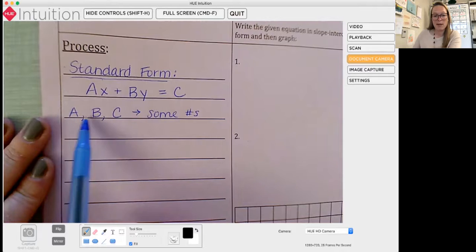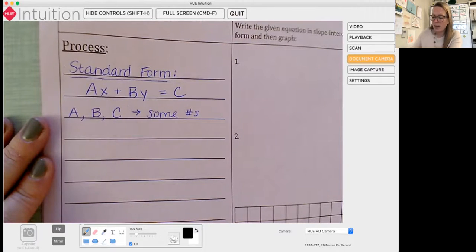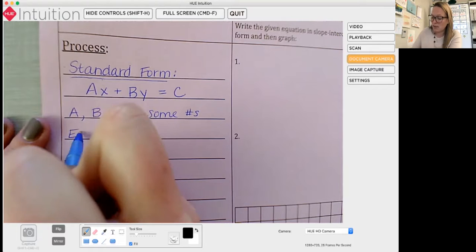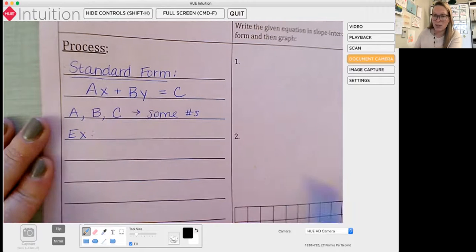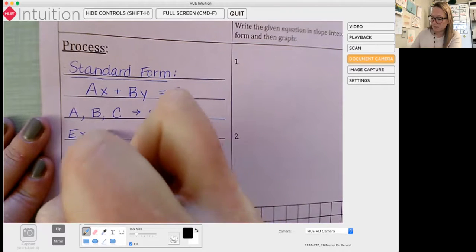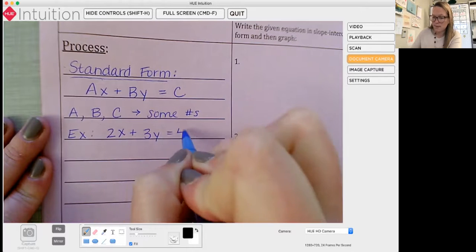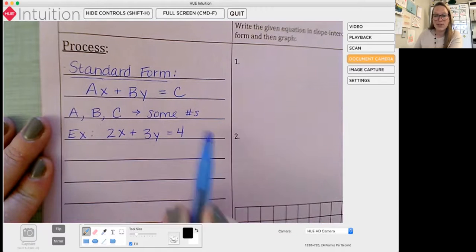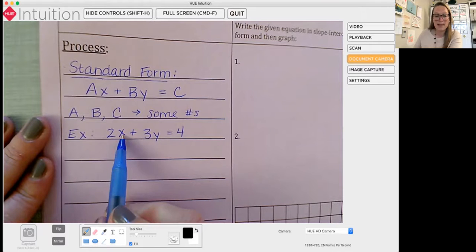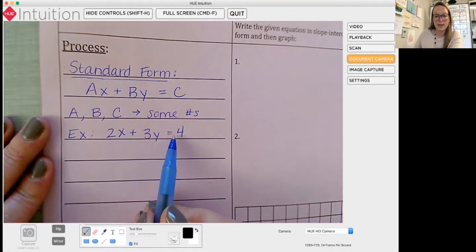Anytime we have a, b, and c, they're just going to be numbers, that's all. An example of how an equation might be written in standard form would be something like 2x plus 3y equals 4. Again, this is just a form that a line equation can be written in: ax plus by equals c.